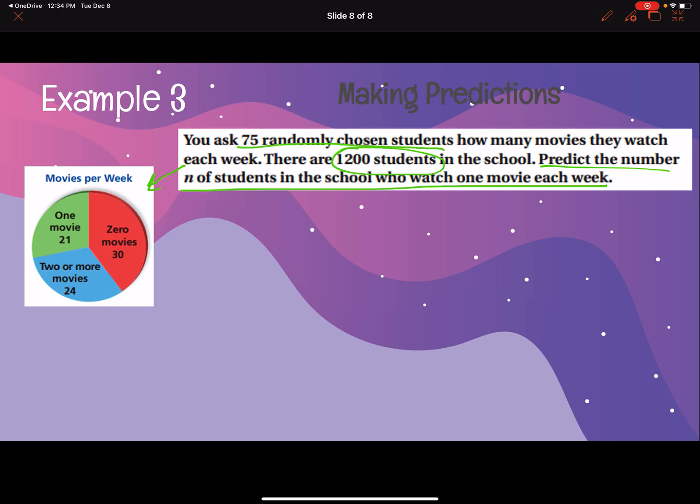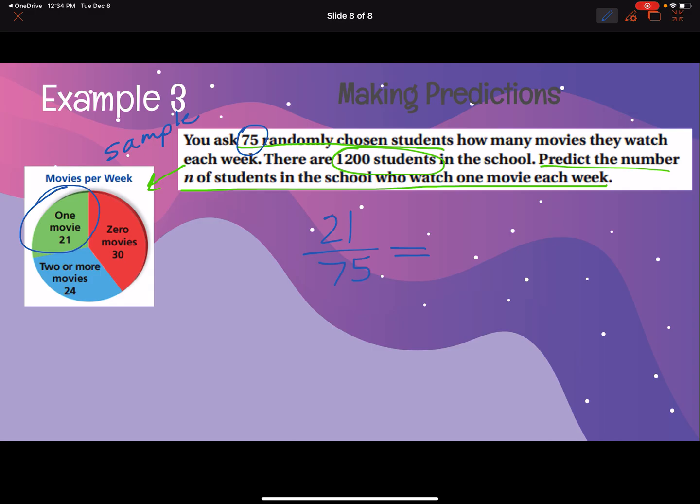Now, we're going to take the information over here in the table that's based out of 75, and we're going to set up a proportion. So let's use our sample. One movie each week is in this green section. So we have 21 out of a total of 75.